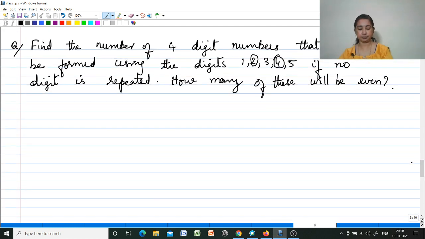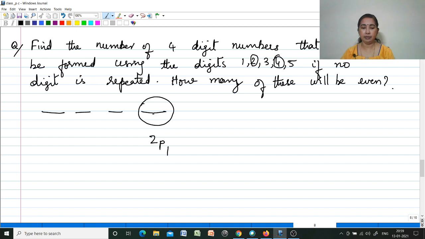Next one, find the number of 4-digit numbers that can be formed using the digits 1, 2, 3, 4, 5 if no digit is repeated. How many of these will be even? So we need to find how many 4-digit even numbers are there. Even means either 2 or 4 can be filled in the last position, so it can be filled in 2P1 different ways, which is 2.